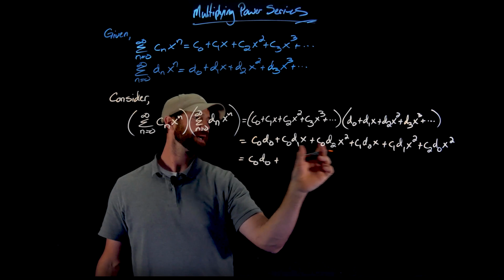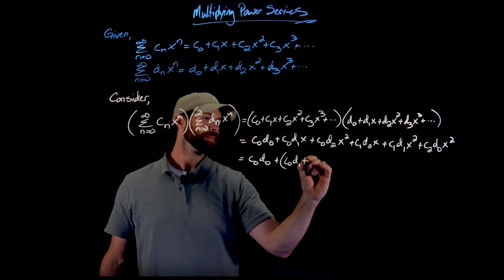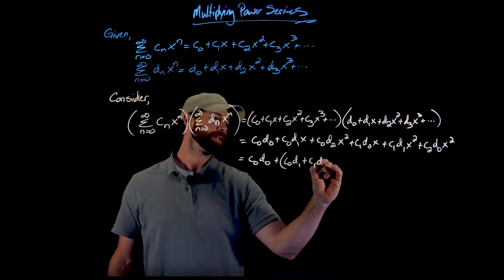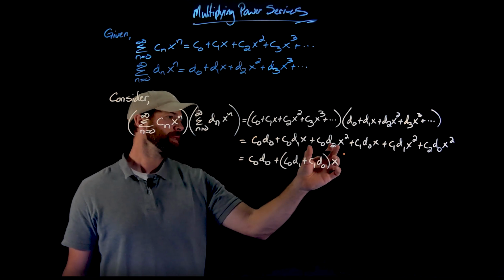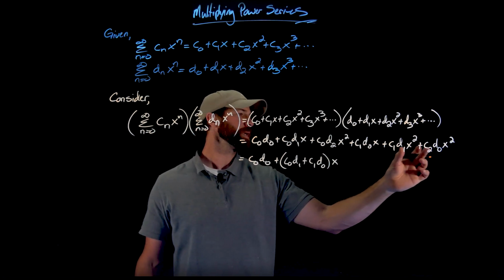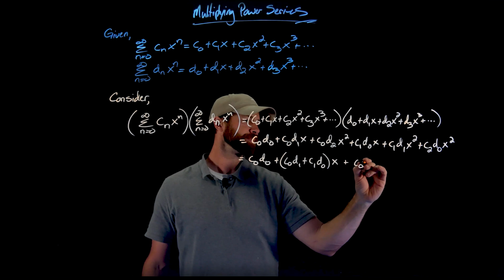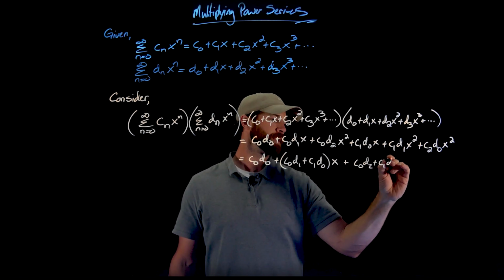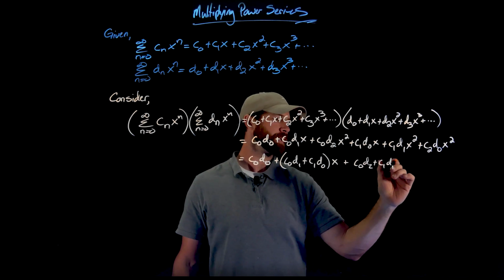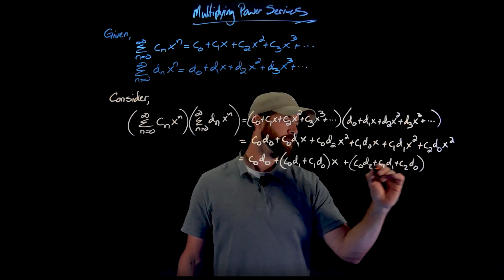So if I factor out an x from those, what I'm going to get is c0 d1 plus c1 d0, and that's the coefficient for x. And then for my x squareds right here, I get c0 d2 plus c1 d1, and then c2 d0.